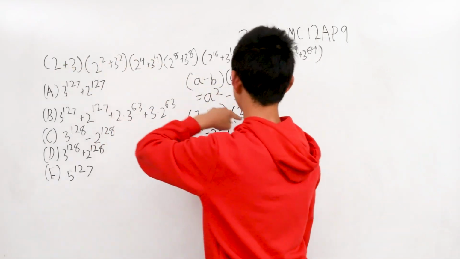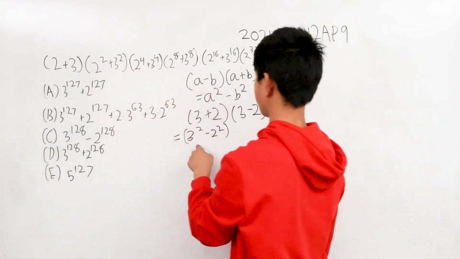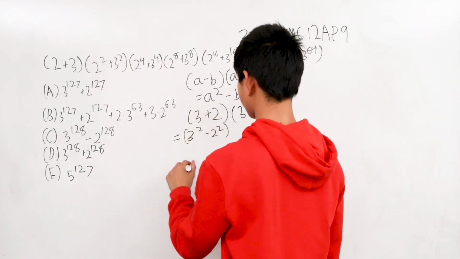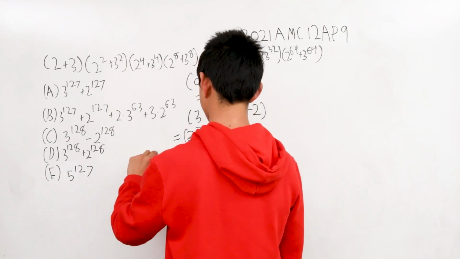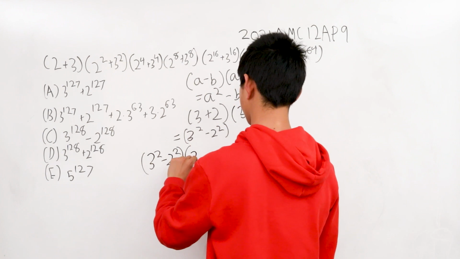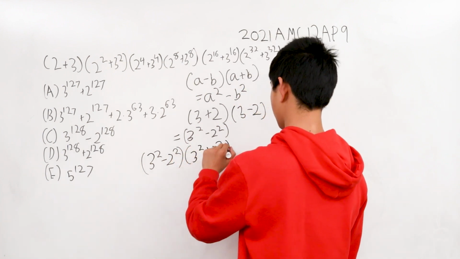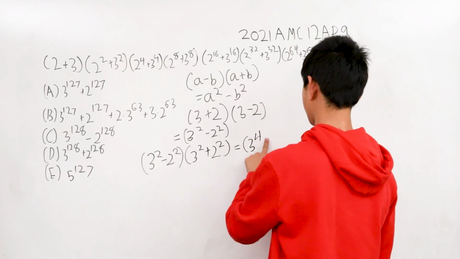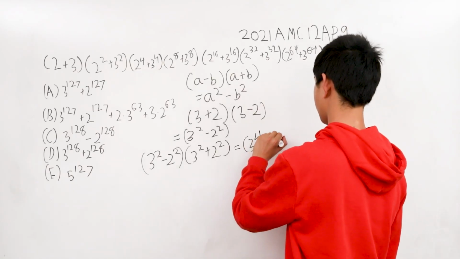So this just becomes 3 squared minus 2 squared. Multiplying it by the second term, 3 squared plus 2 squared, this is equal to 3 to the power 4 minus 2 to the power of 4.